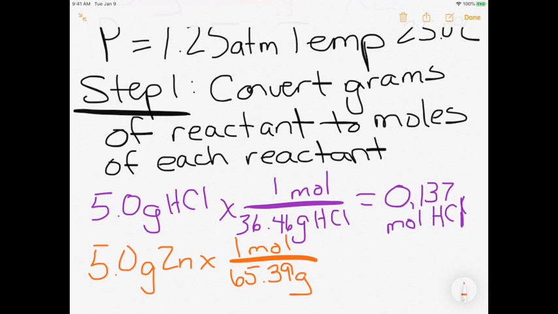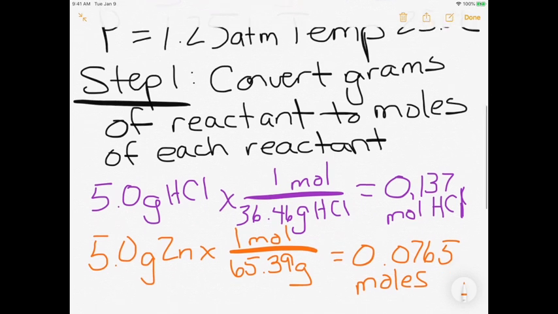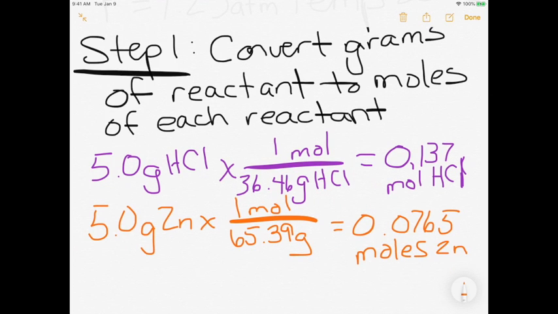So 5 divided by 65.39 will give me 0.0765 moles. If I just look at this, it looks like I have a lot fewer moles of zinc than I do of hydrochloric acid. And so I might say, all right, zinc is the limiting reactant because I have less zinc than hydrochloric acid.